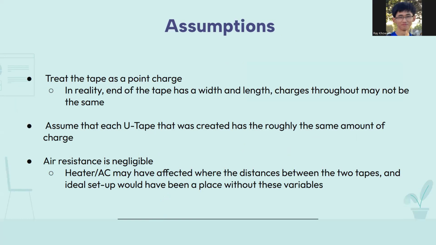Here we treat the tape as a point charge, and in reality, this is definitely not the case. The tape has a width and length, and the charges throughout the tape might not be equal. We also assume that the two U-tapes that were created could have roughly the same amount of charge, and this just might not be the case because the creation of the two U-tapes might have caused them to have a different amount of charge.